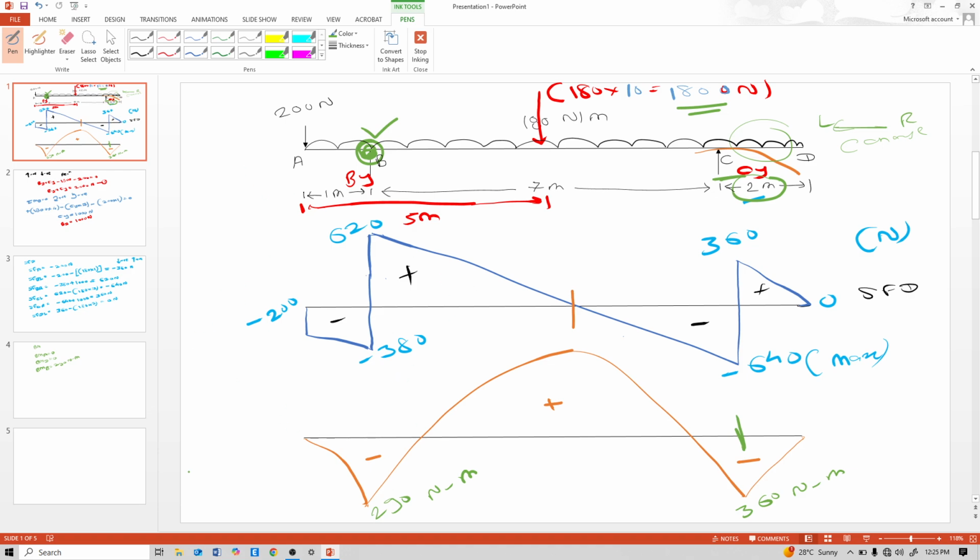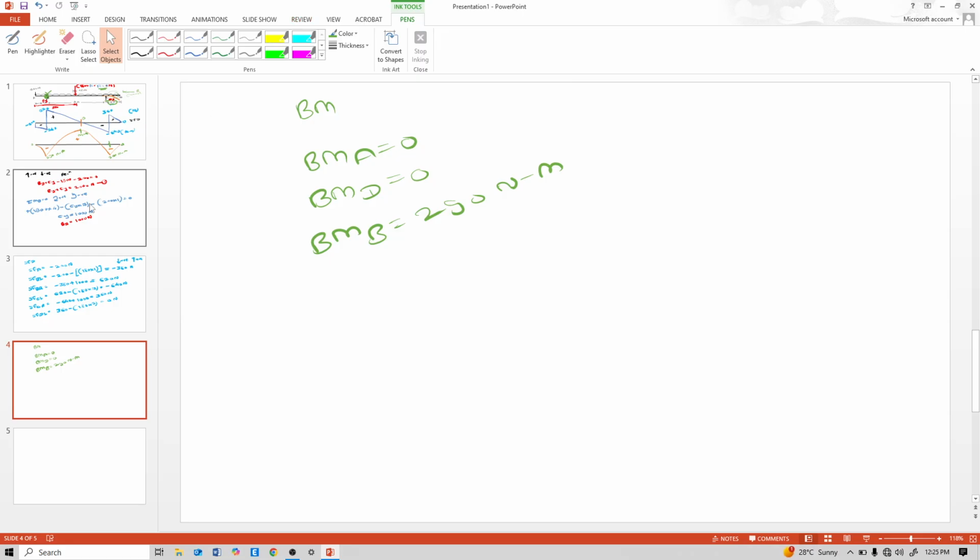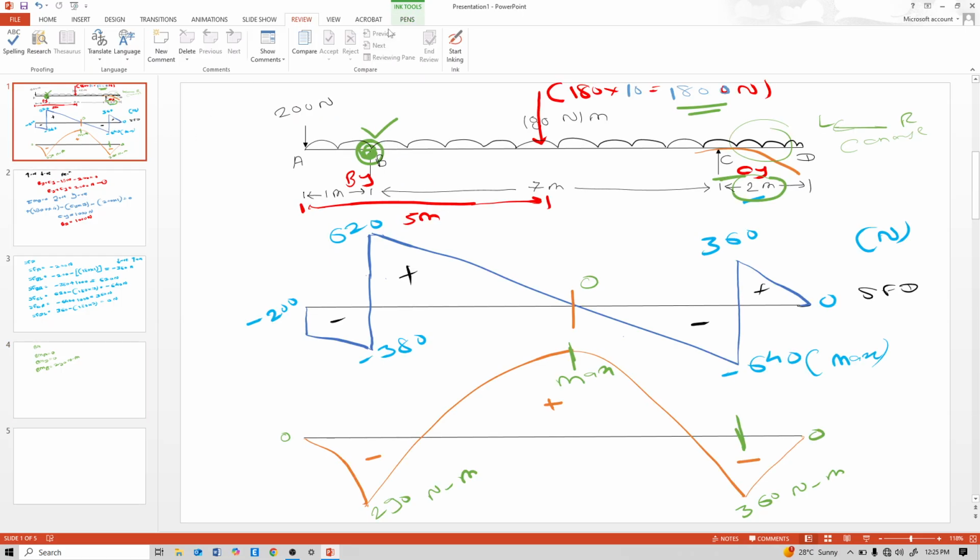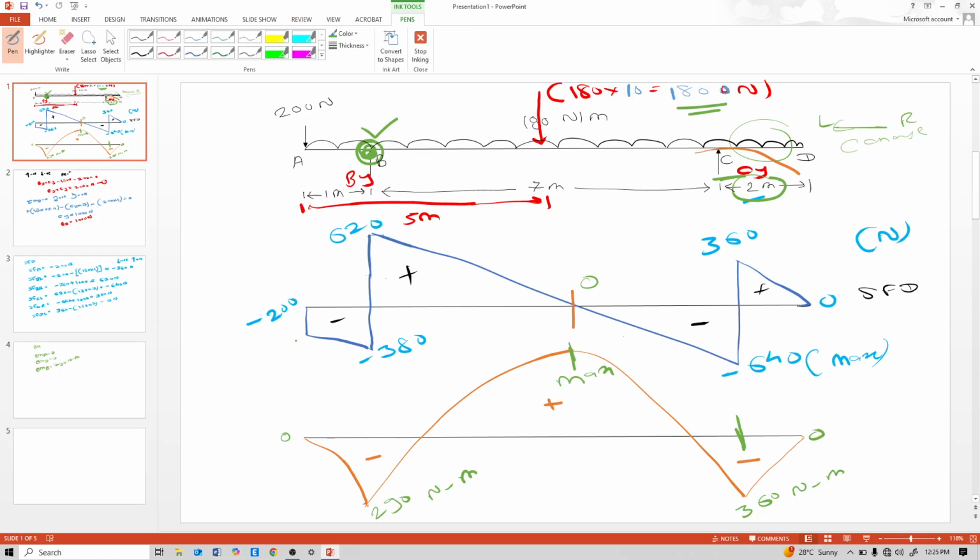Now calculate maximum bending moment here, at this point where shear is 0. So what is this distance? For that, calculate this x.